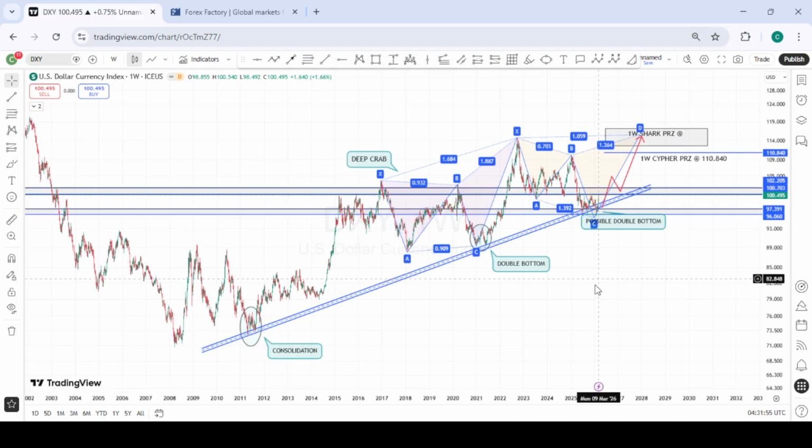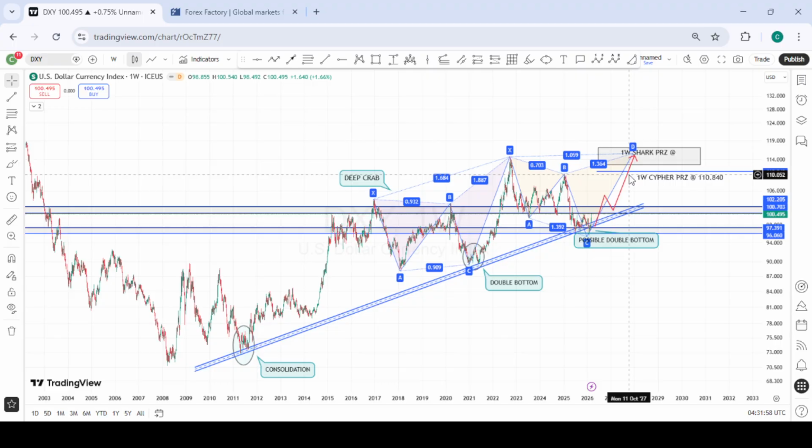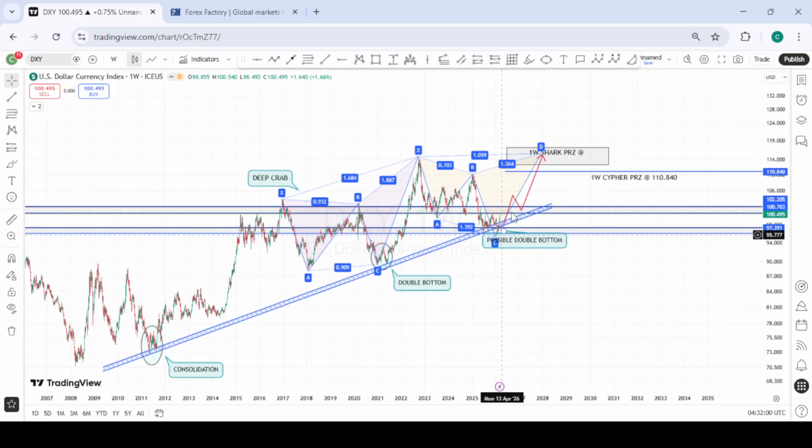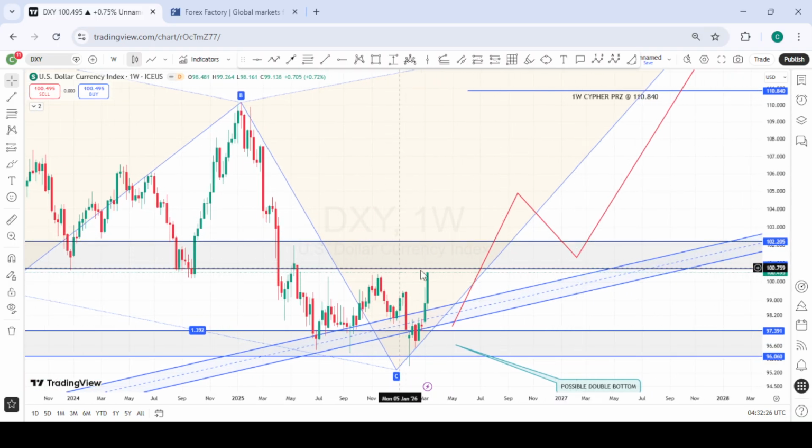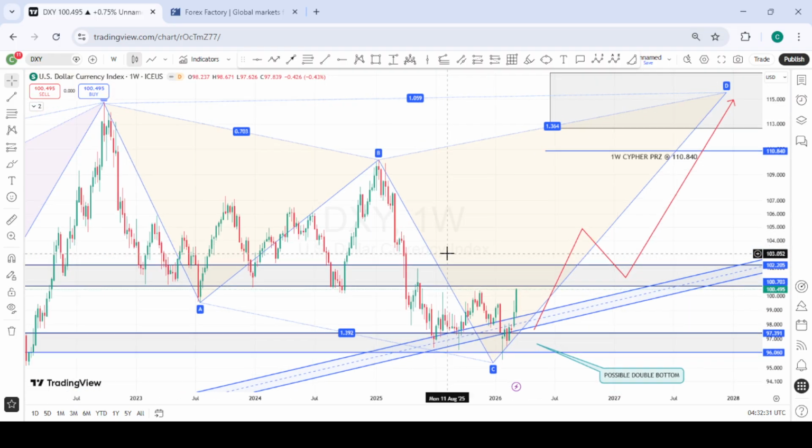So we are likely going to see a possible shark pattern or cipher pattern develop from here, which might be a repetition of what we saw from January 2021 to September 2022. We are likely going to see this wild bullish impulse once again, which is going to give us a completion of this possible shark or cipher pattern. And this zone here will be our major resistance.